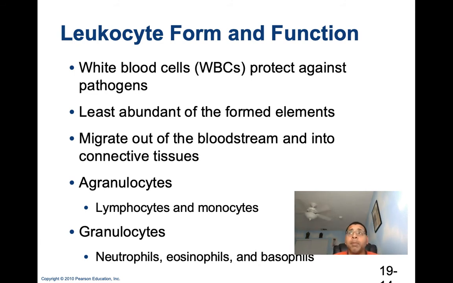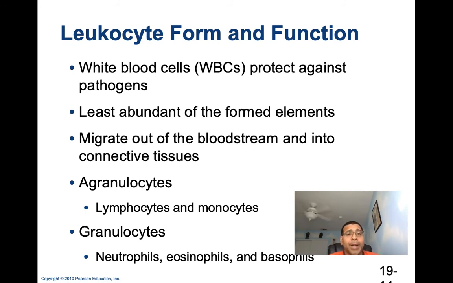So they can pinpoint areas of tissue damage and infection. And then that allows them to gather there in large numbers to help destroy the foreign substances or even remove the dead cells. And when they are moving, they exhibit amoeboid motion as well.